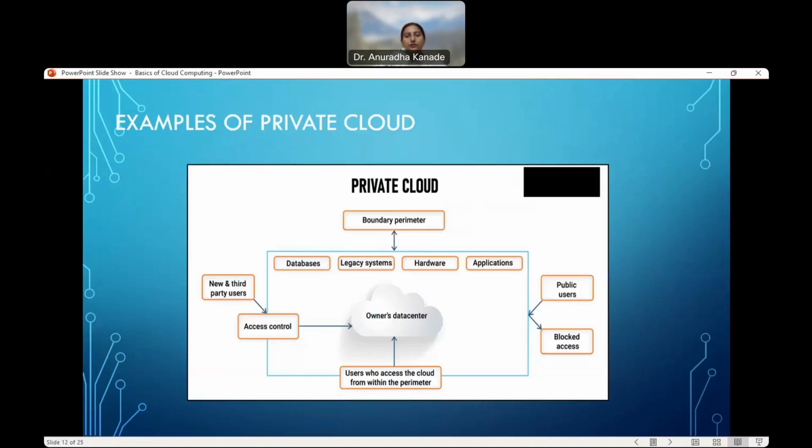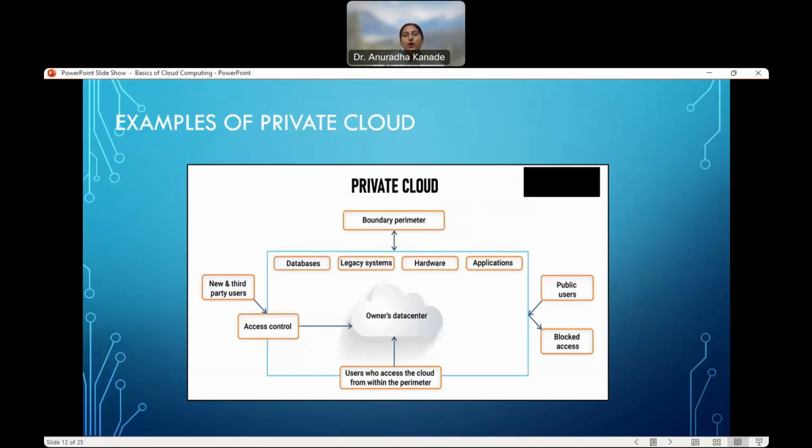This is the architecture where we can understand how the private cloud is providing services and who can access these services. So within the boundary, all these applications, databases, hardware, and legacy systems can be accessed by the company or the owner of the data center who is availing the private cloud facility.